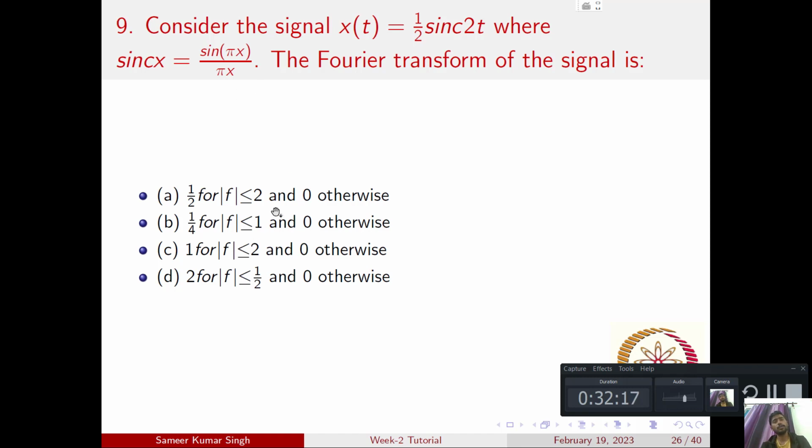We have four options. So try this question, it is a good question. Take 2 minutes, after that we go for the solution.